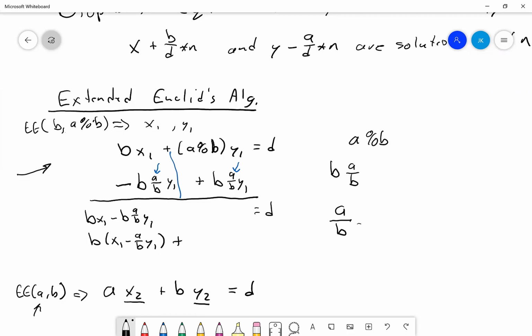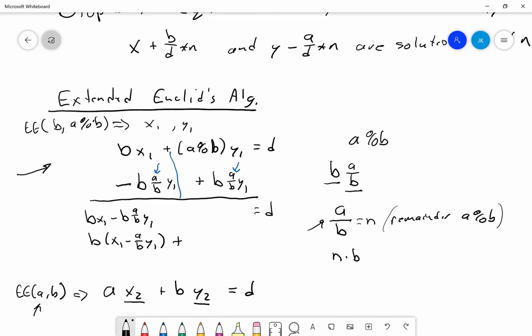That's going to be some value N, and the remainder is going to be A mod B. Now if I multiply N times B, I'm not going to get A back, but I'm going to get A without the remainder. In other words, when I do B times A over B, I'm getting everything that's there except the remainder.